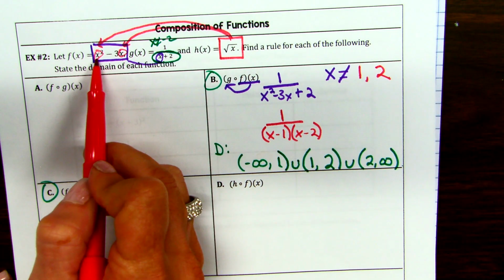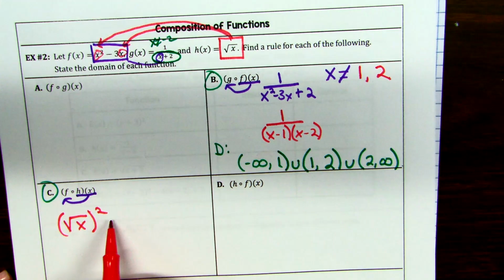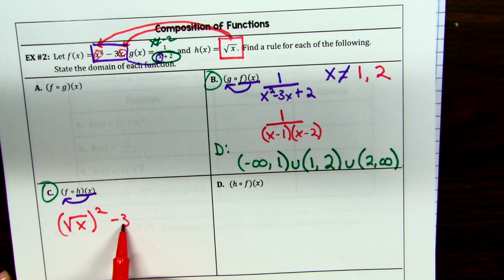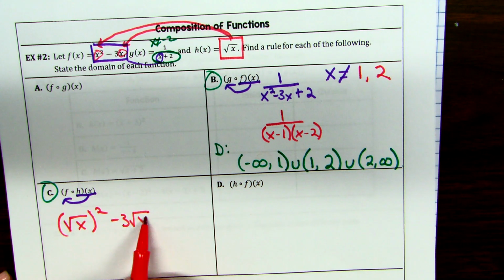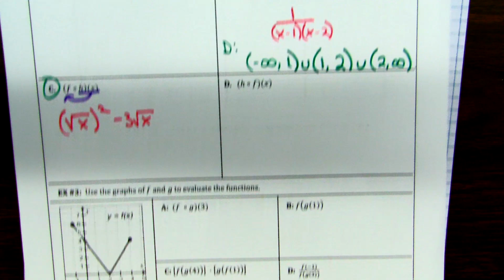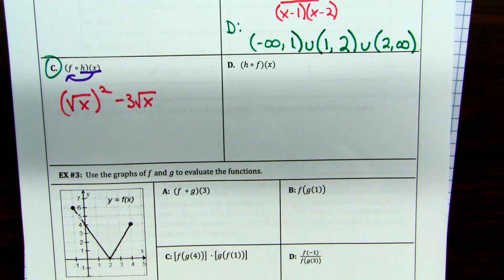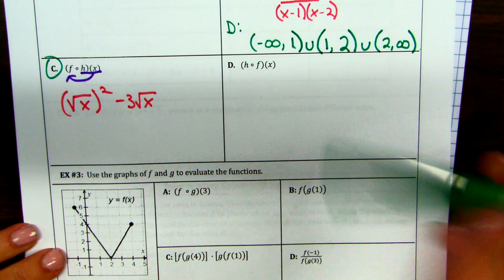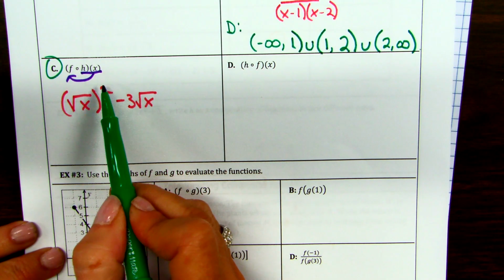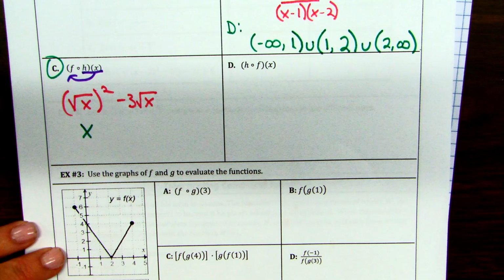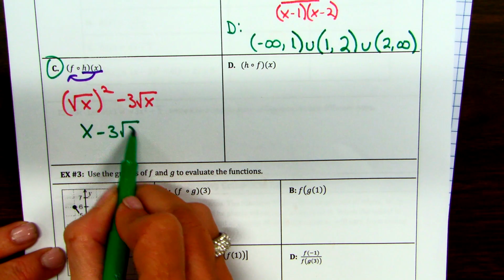That's that guy right there. Minus 3 times the square root of x. I can just put them right next to each other. If you already wrote parentheses, that's okay. We have to simplify it one more step. Negative 3 times the square root of x is negative 3 square root of x. Okay. What happens when you square a square root? Cancels, left with just x, and there's absolutely nothing else to do here.